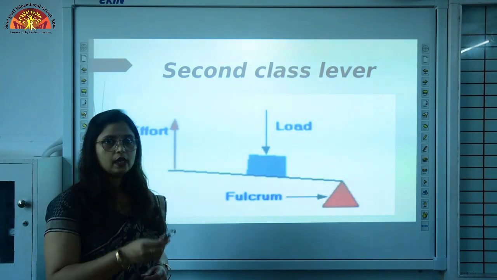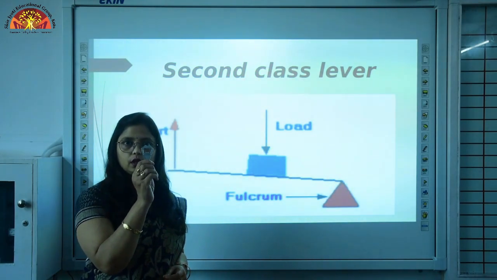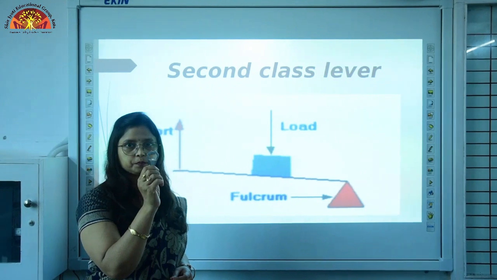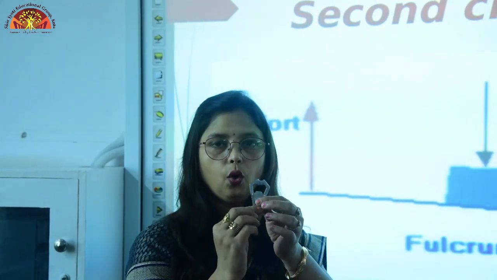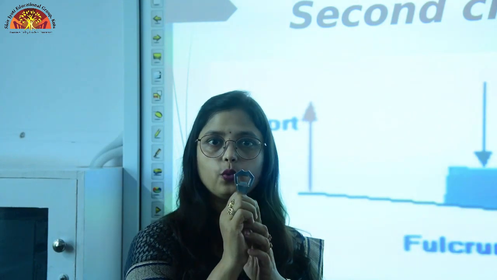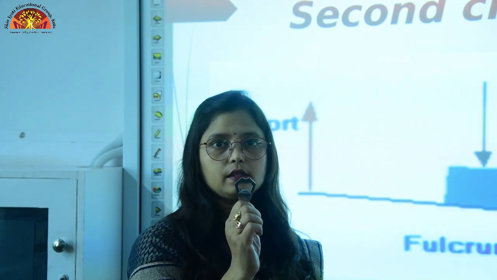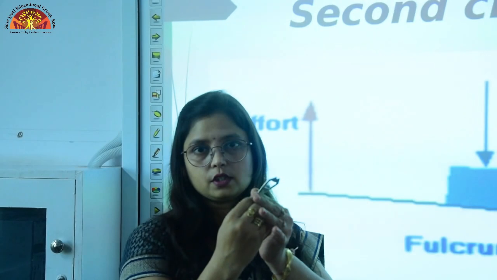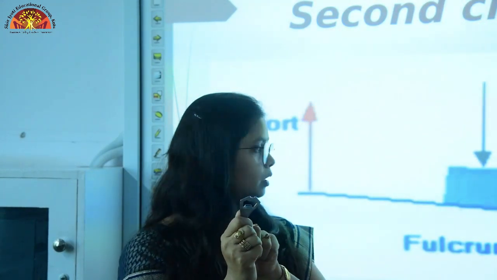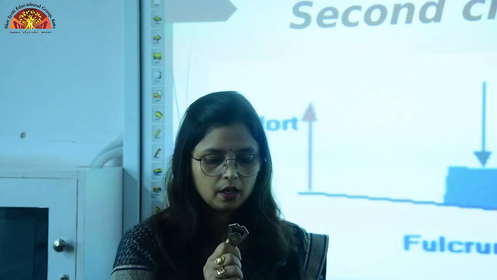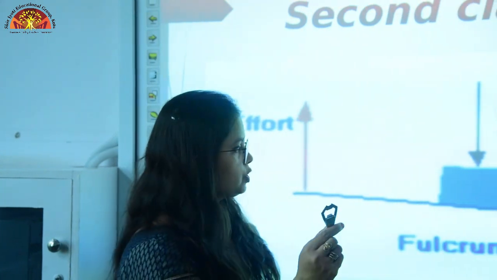See children, this is a bottle opener. Now, this bottle opener is held from here, at one end. And this is the position where it is fixed somewhere. So, this position is called the fulcrum. You can match this position from here.